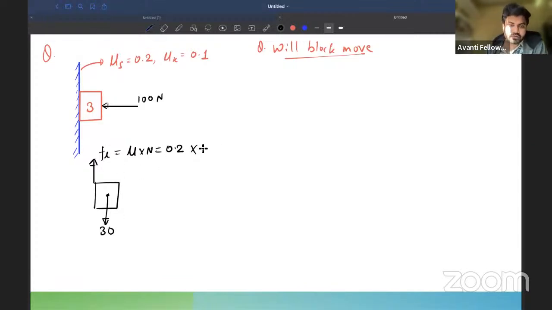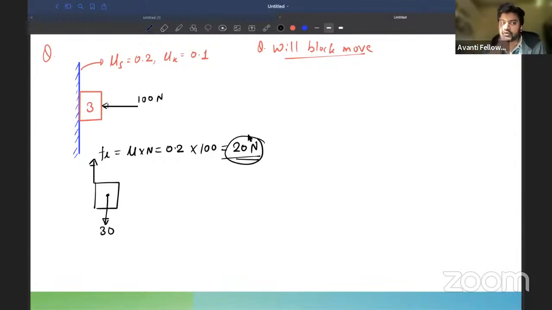So 0.2 into normal, normal is 100, that is equal to 20 newtons. That means only 20 newtons can act at maximum, but somebody is pulling. Who is that somebody? Gravity. Gravity is pulling by 30. It will move.